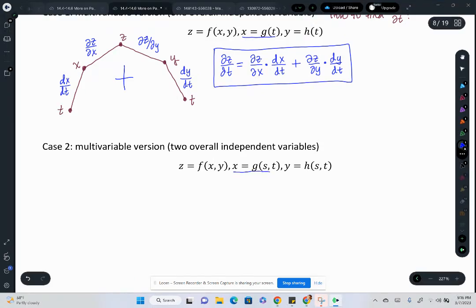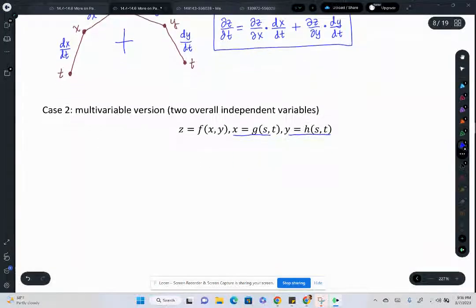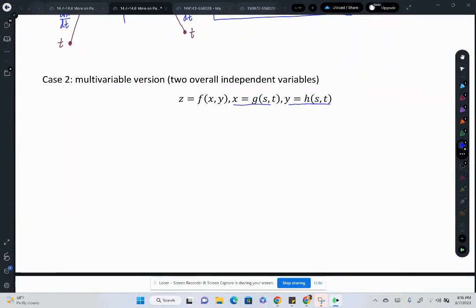Now, case 2 is, again, a multivariable version. However, notice that x and y are now both functions of two variables. So we've got a little bit more going on here. I'm going to create my tree diagram again. So I would have to start at z. z is a function of two variables, x and y.